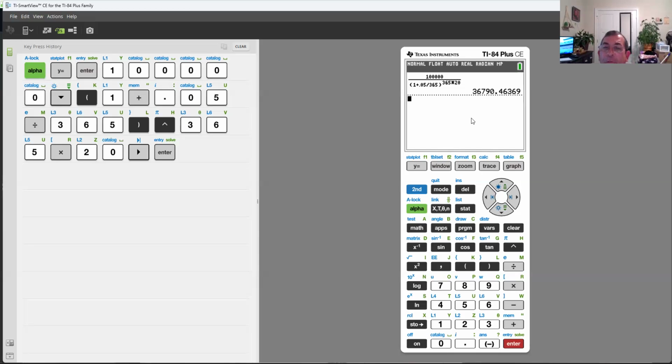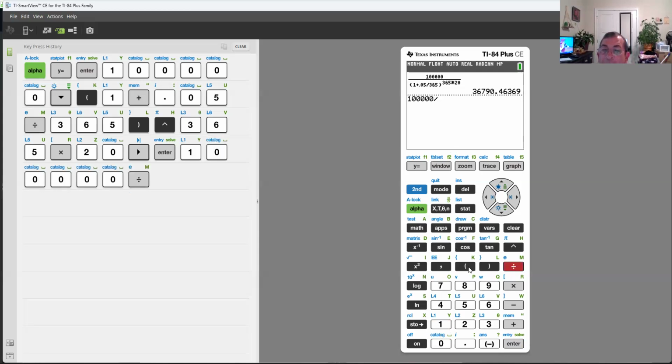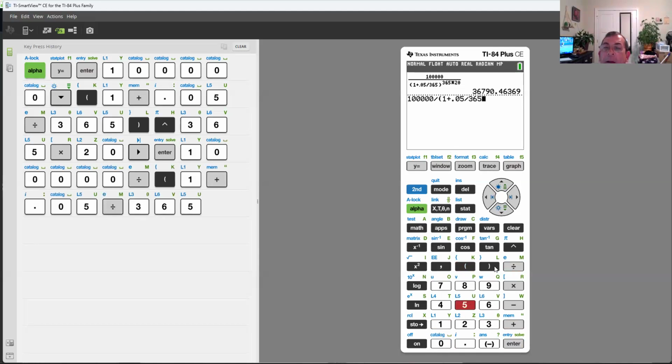Now, if you don't have that fraction option, here's how you got to do this one. You got to do 100,000 divided by parentheses 1 plus 0.05 divided by 365, close parentheses.